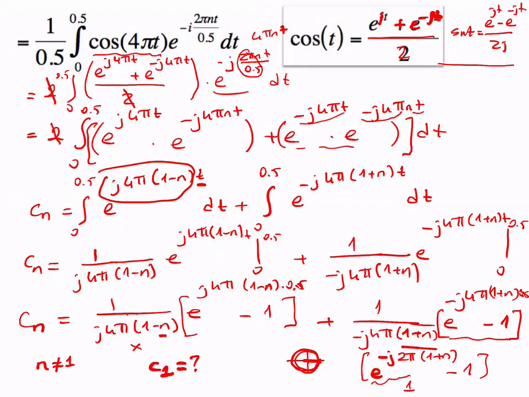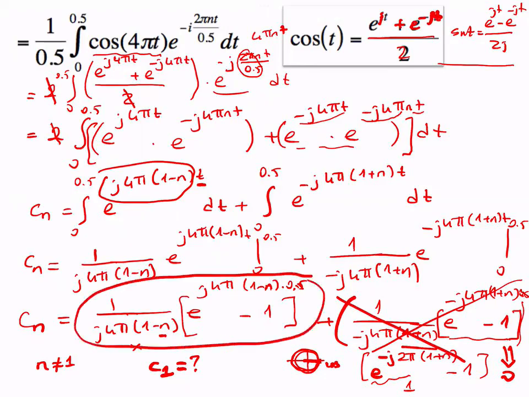It's like cosine, and cosine 0 is always 1. So this part is always going to 0, okay? So this part goes away. I'm only interested in this part right now, and I'm not dealing with 1 for the moment.